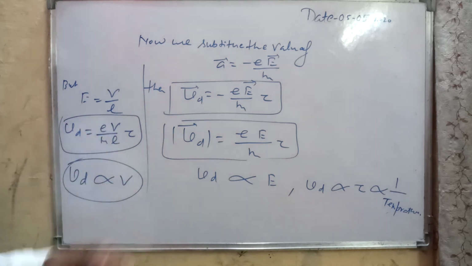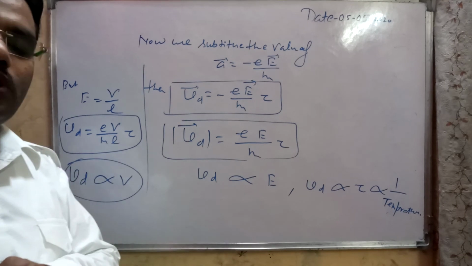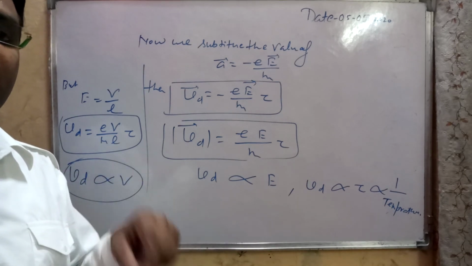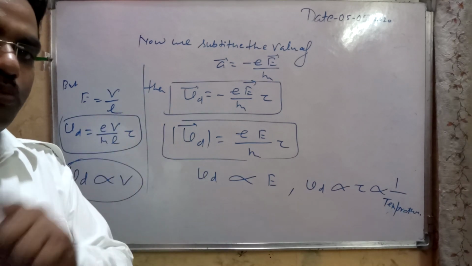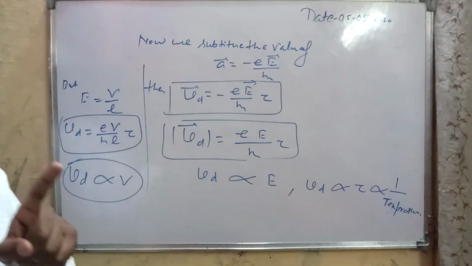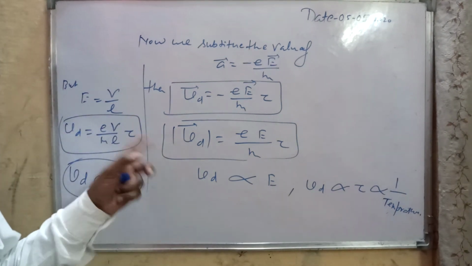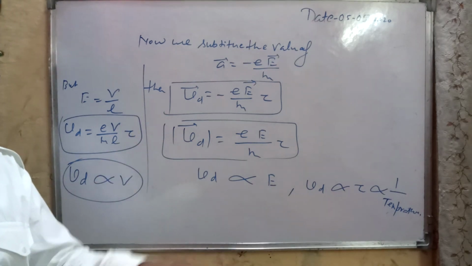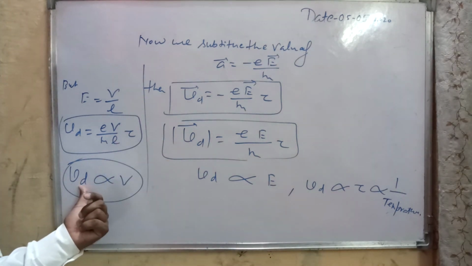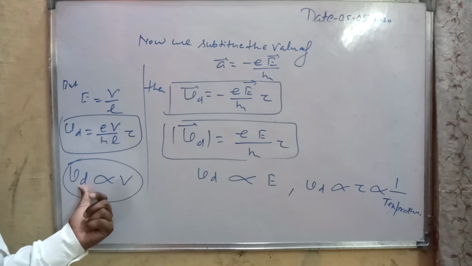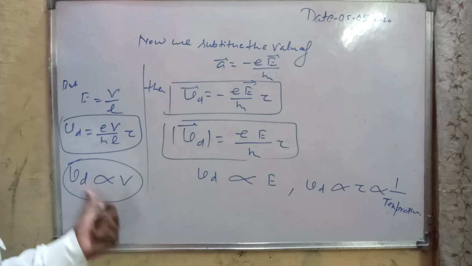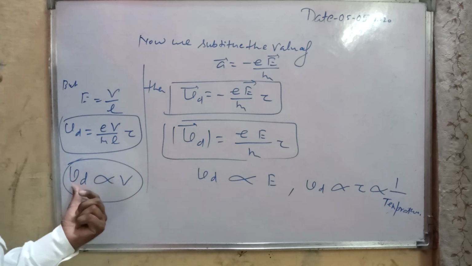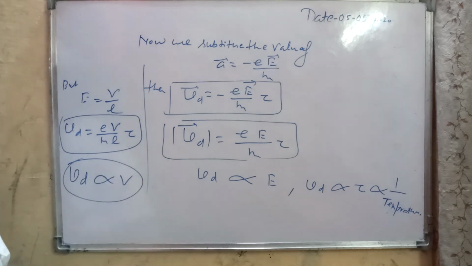And in this chapter we study Ohm's law also. According to Ohm's law, current in any conductor is directly proportional to potential. And according to free electron theory, current flow in any conductor depends on drift velocity, because current in any conductor is due to drift velocity of free electrons. If potential increases, drift velocity increases, and current also increases.